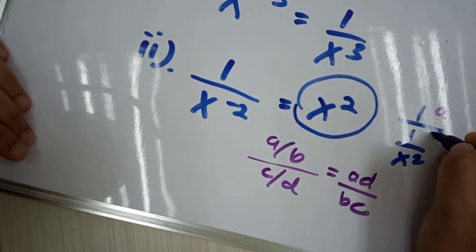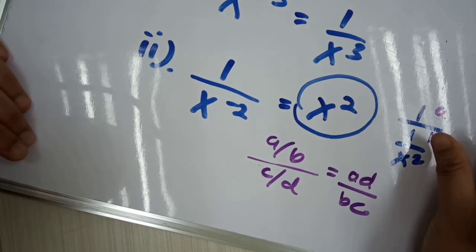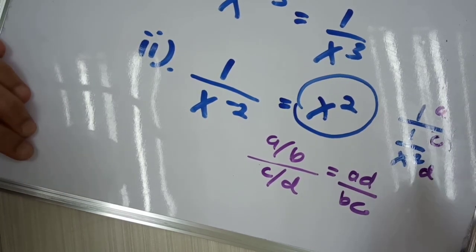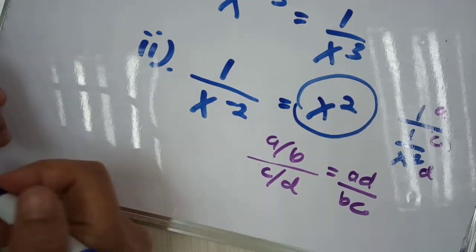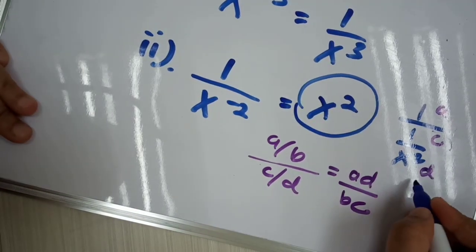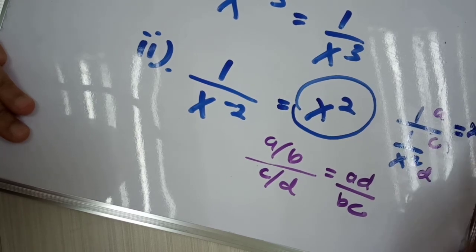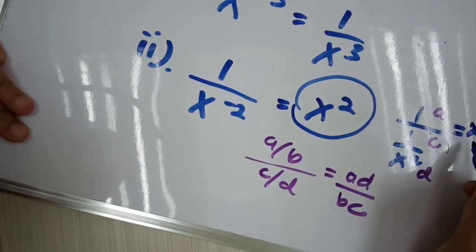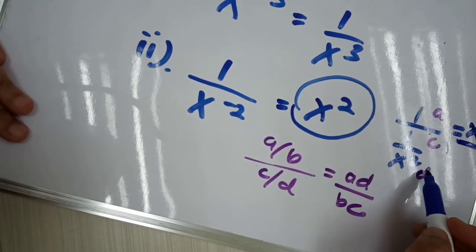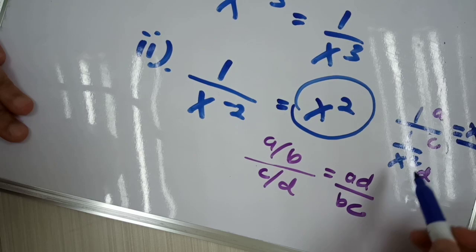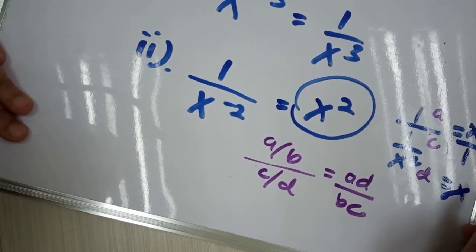So this is your b, this is your c, this is your d. So the answer is ad, so x power of 2, over b times c, so we get 1. This is equal to x power of 2.